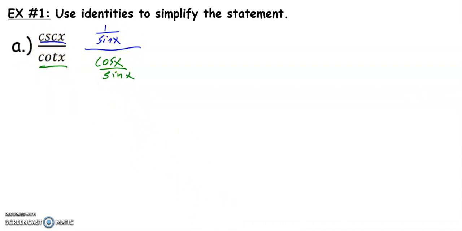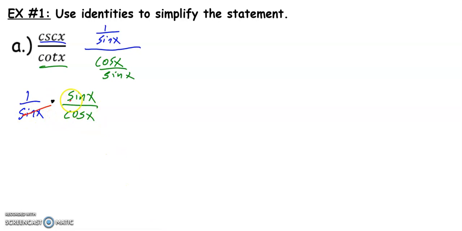Now, we're dividing with two fractions. Whenever we divide with two fractions, we multiply by the reciprocal. So I'm going to keep the top one the same, 1 over sine x, and I am going to multiply that by the reciprocal of the fraction on the bottom. So we're going to multiply that by sine x over cosine x. Well, when we are multiplying, we always like to reduce first.